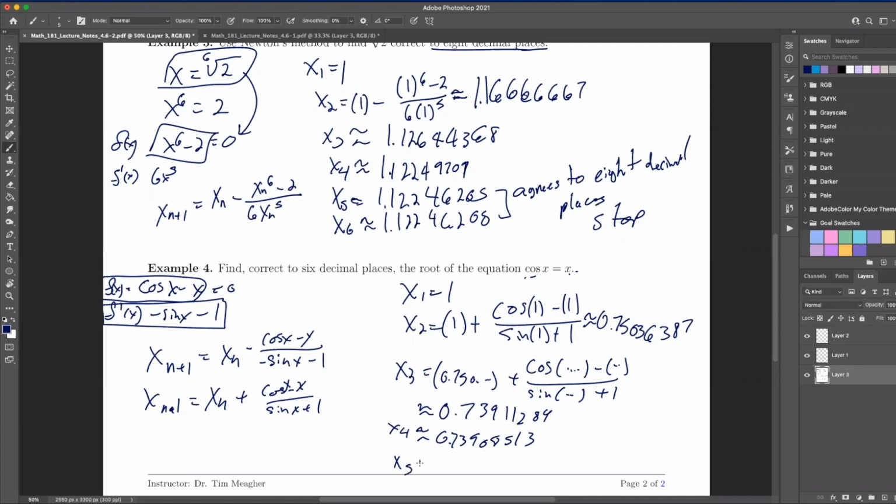Let's go to 5, 0.790, and this one also is 0.851 or 53. So this agrees to 1, oops, I forgot my 3 here, 1, 2, 3, 4, 5, 6. So technically we're done, even though it's 7 and 8. But since it agrees up to 6 places, we stop. Okay. And there you go.